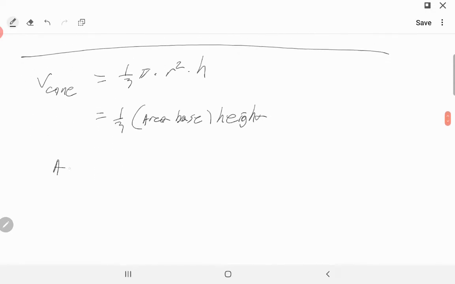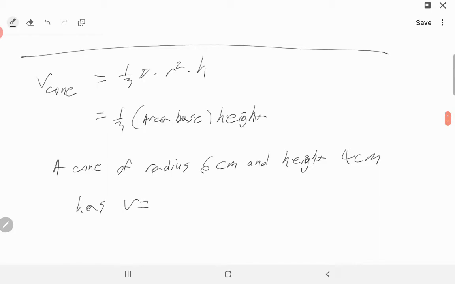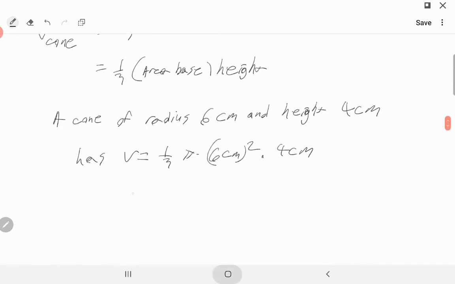And so a cone of radius 6 centimeters and height 4 centimeters has a volume equal to 1/3 pi times 6 centimeters squared times 4 centimeters, which gives us 12 times 4 is 48 pi centimeters cubed.